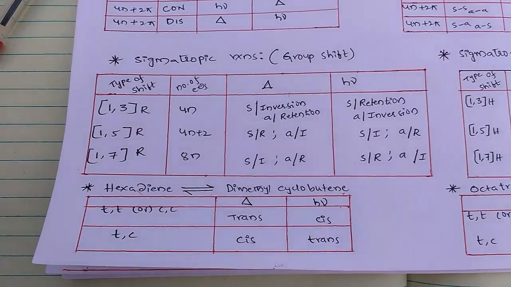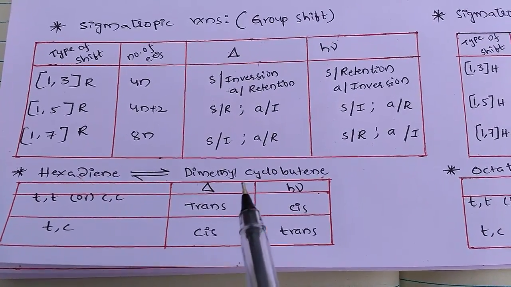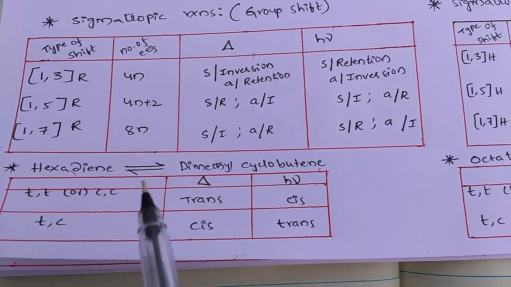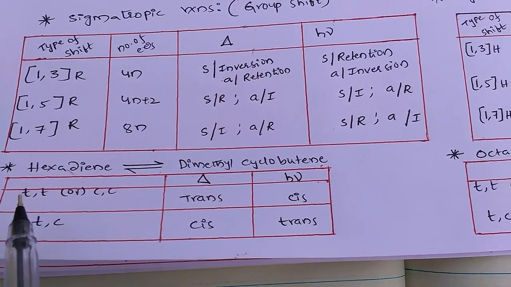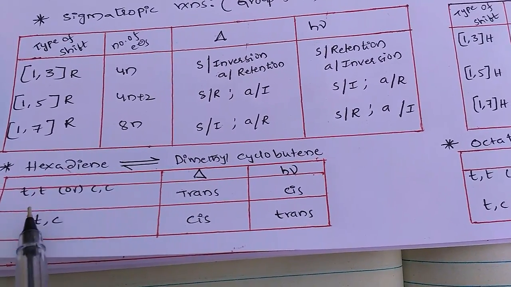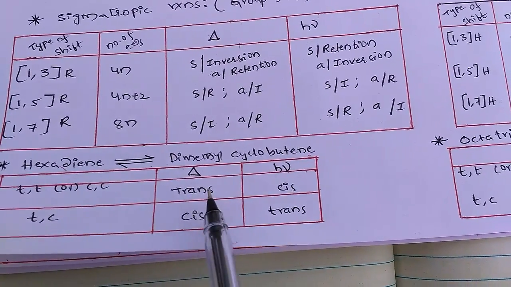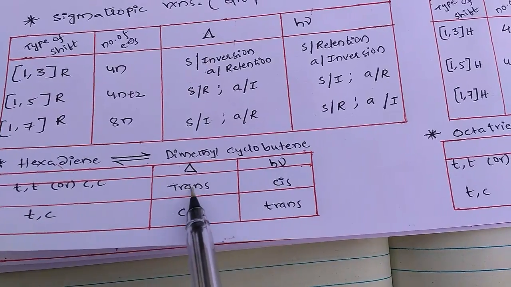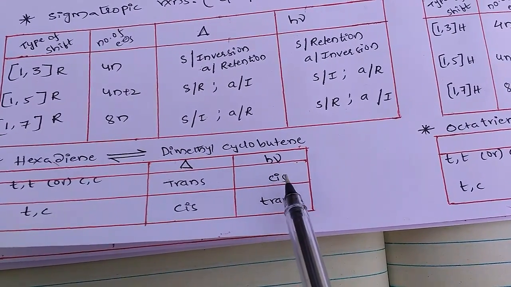And if you observe hexadiene, it produces dimethylcyclobutene in a pericyclic reaction or concerted mechanism. If this hexadiene has trans at one end and the two ends are trans or cis, that is a thermally allowed reaction and it forms the trans product, and on the photochemically allowed reaction it produces the cis product.